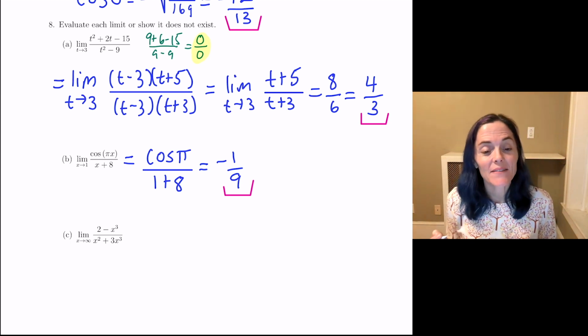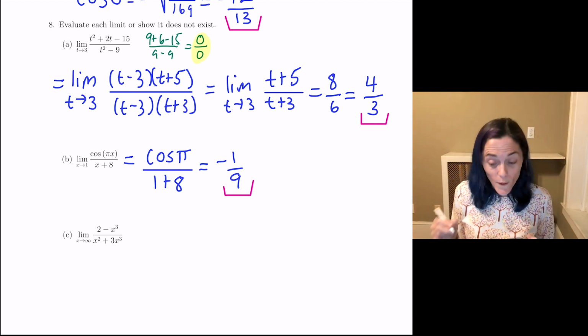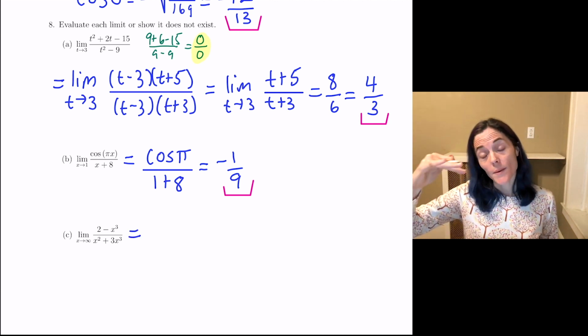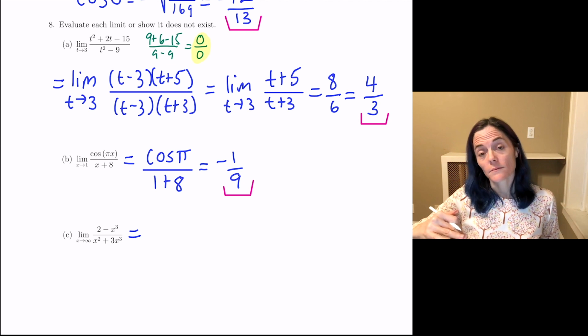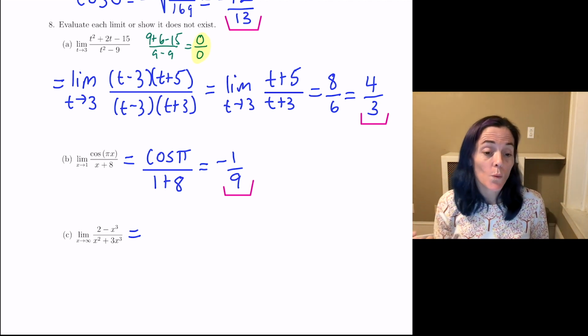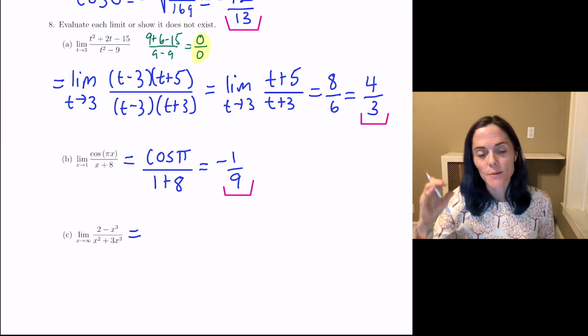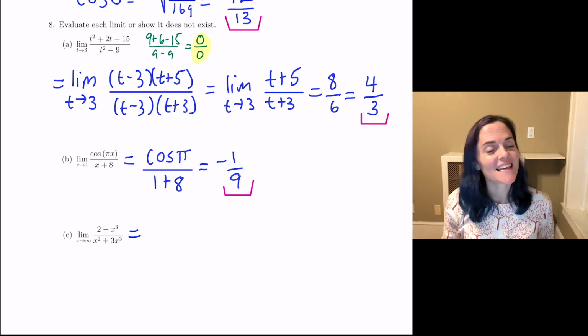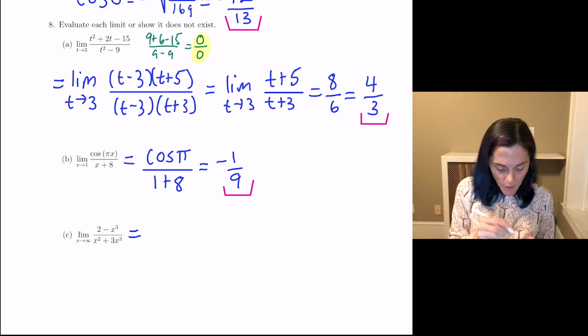Last one, we have a limit at infinity. So what do we want to do in these type of questions? Well, when we have polynomial divided by polynomial, which is called a rational function, we want to divide every term we see by x to the highest power. In this case, it's x cubed. So let's do this.